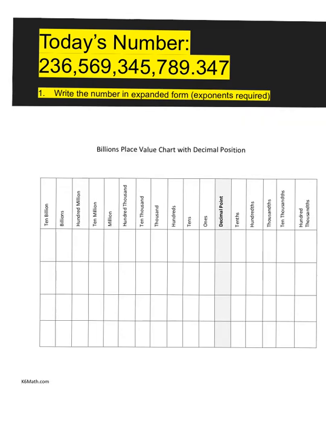All right, moving right along, we're going to write this number in expanded form. And again, I think that place value chart is going to be handy for helping me do that. I want you to notice that this week I'm requiring you to include exponents in your expanded form. I will take off points if you don't include your exponents.